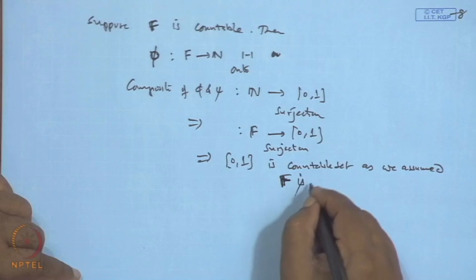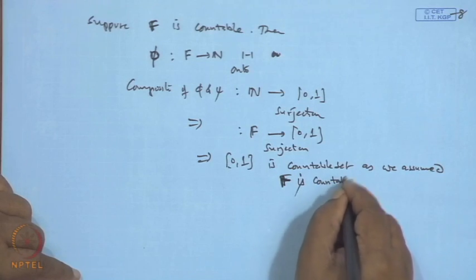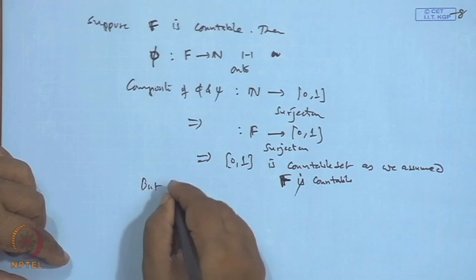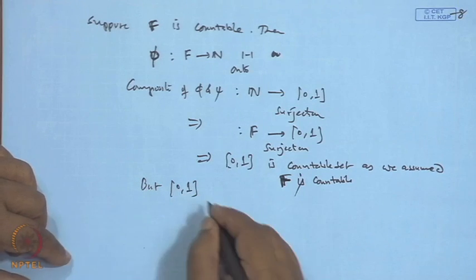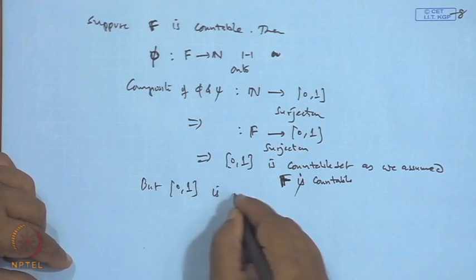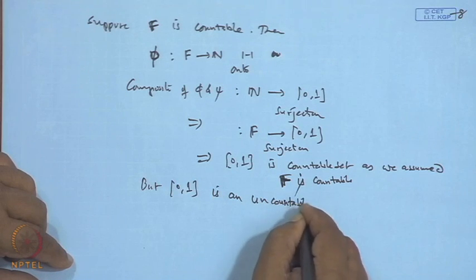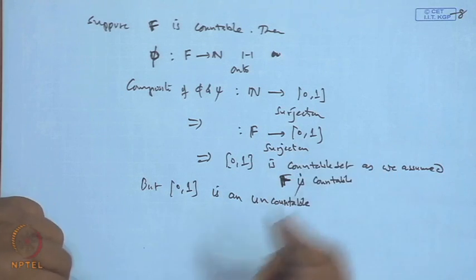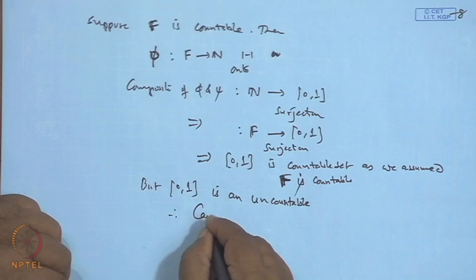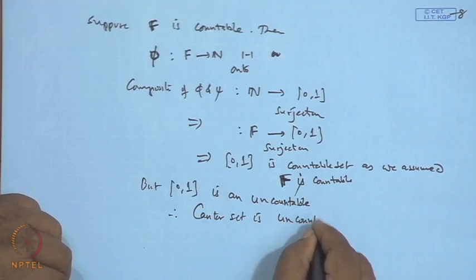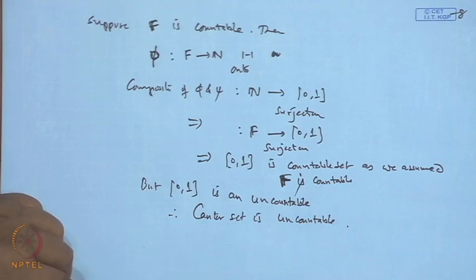This is our assumption, but [0, 1], the set of all real numbers between 0 and 1, that is the continuum, is an uncountable set, which we have already shown. So our assumption is wrong. Therefore, this implies that the Cantor set is uncountable, and that proves the result.